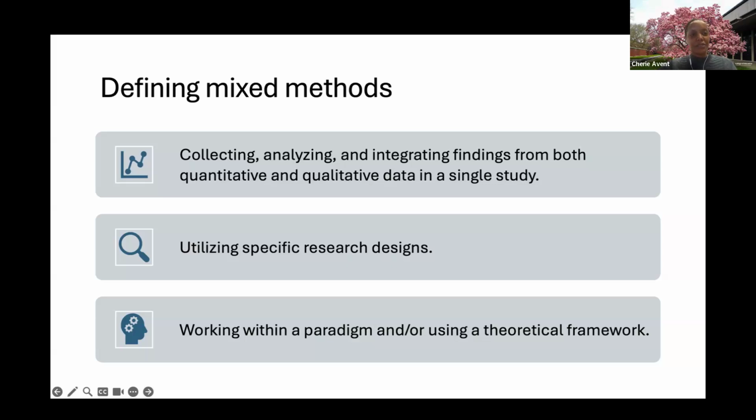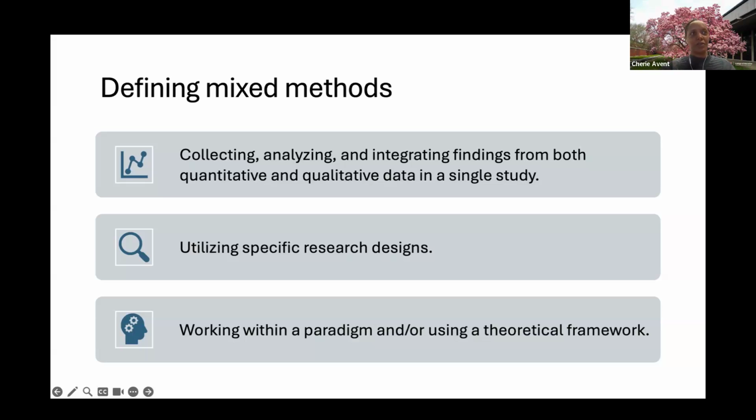The first is that mixed methods involves collecting, analyzing, and integrating findings from both quantitative and qualitative data in a single study. We are collecting and analyzing our qualitative and quantitative data, oftentimes simultaneously but separately, or it is happening sequentially.